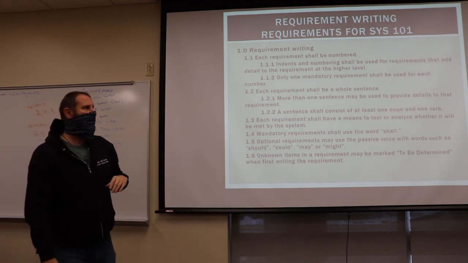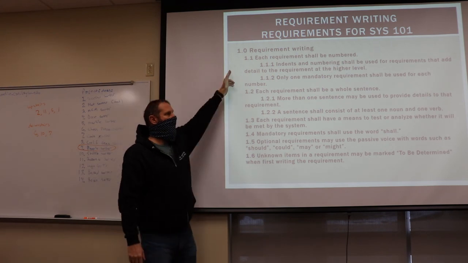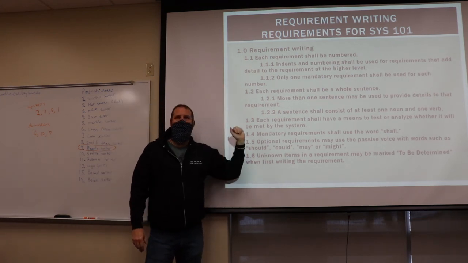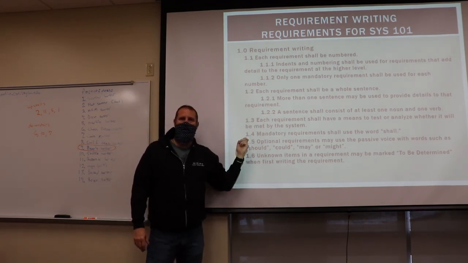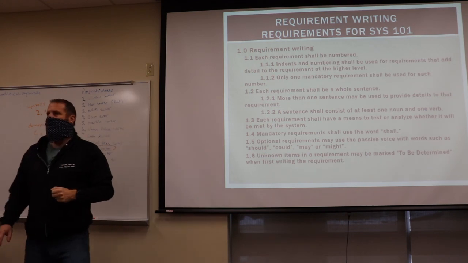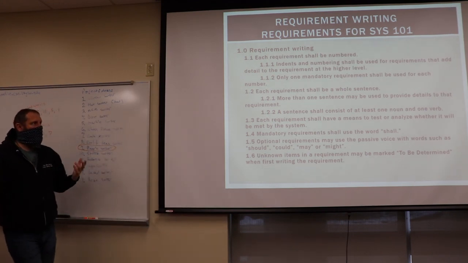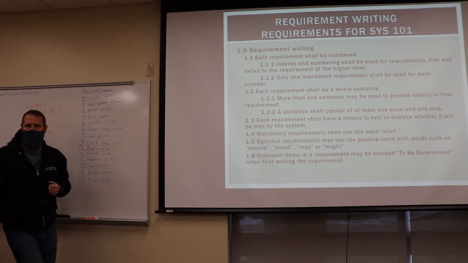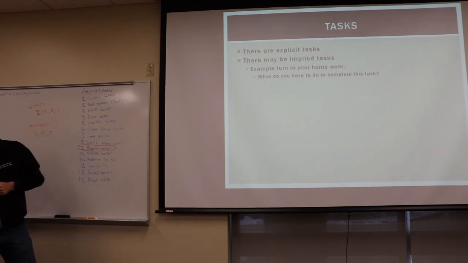Then we have a specific numbering sequence so that when we look at this, we can call out specific requirements to the things that are addressing them. As you do your reports, this is going to be important because you need to be able to call out specific requirements.